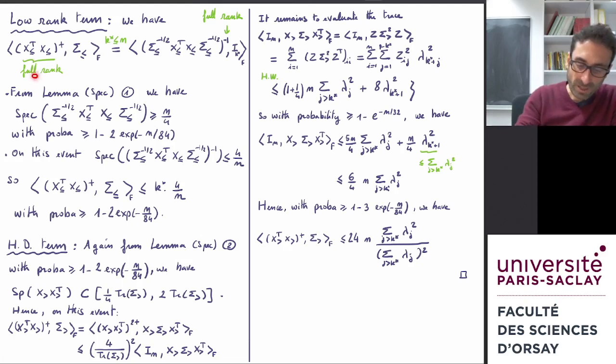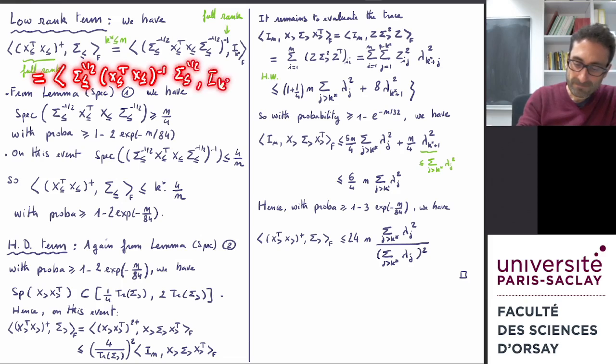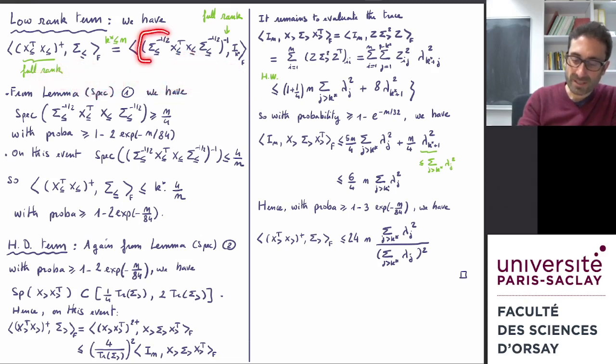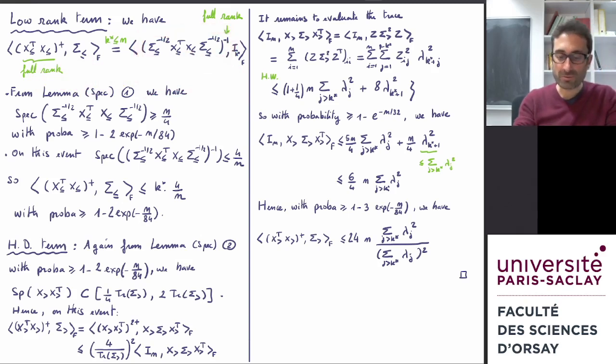If I rewrite what we had here, so we had sigma 1/2 x, what I will do is to move this guy and this guy inside, and this is why I obtain this formula here. And here I plainly use the fact that the Moore-Penrose inverse is exactly the usual inverse.